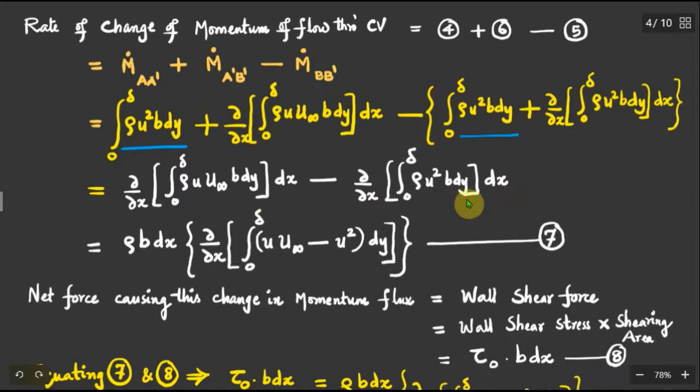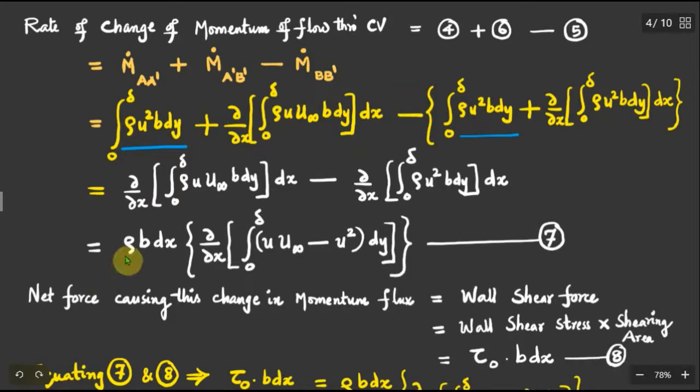What is common out of this? Rho is common, b is common, and dx outside is also common. u infinity is not common at present. So you can take rho b dx out, because all these parameters, rho, b and dx, are constants. You can take rho b into dx outside the integral and outside the partial derivative also.